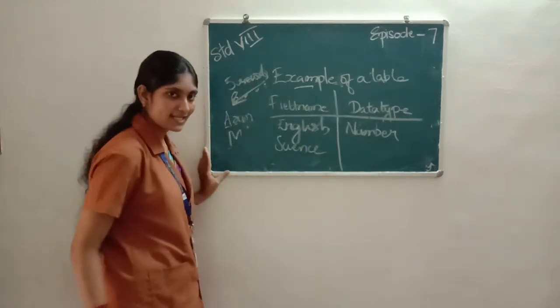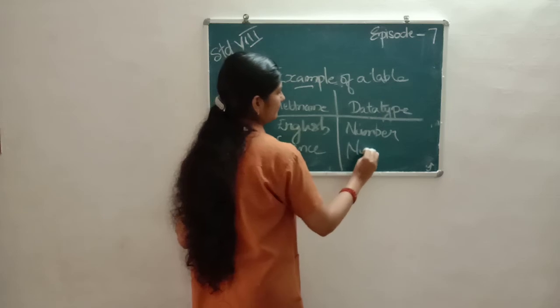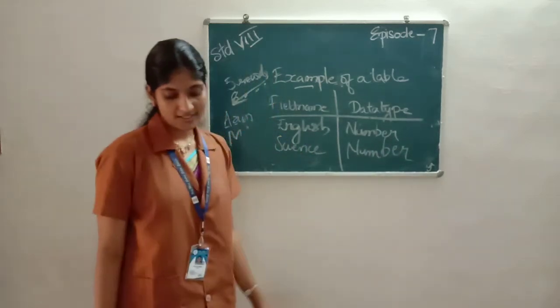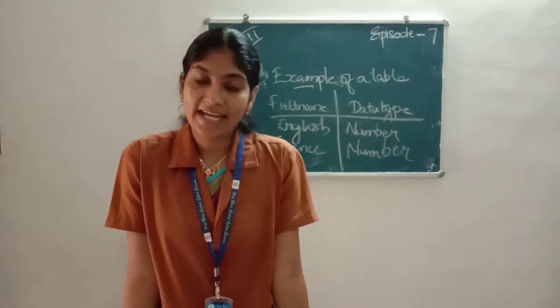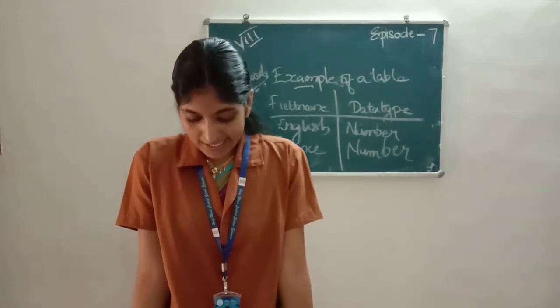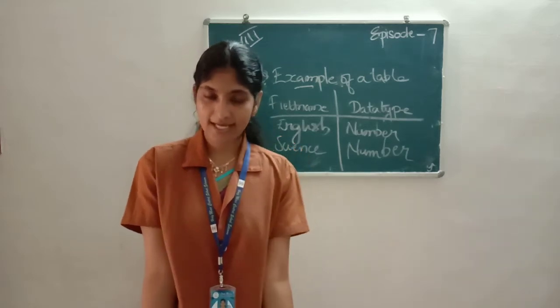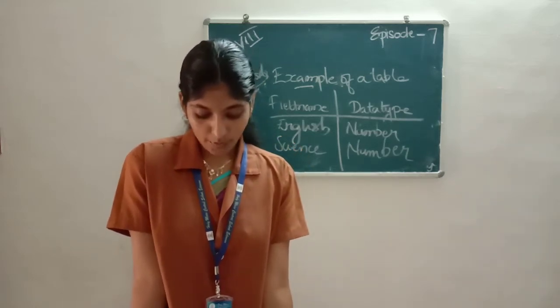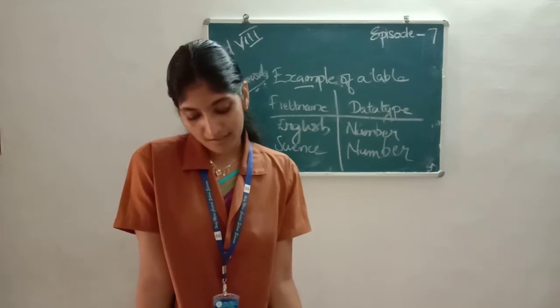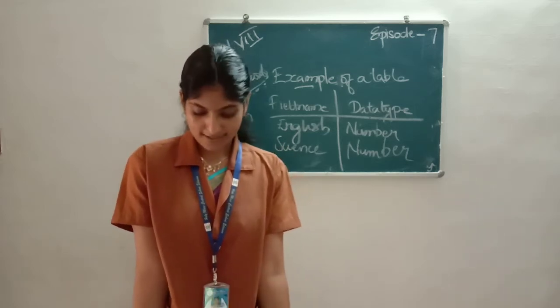So what is this data type? Number. Okay, so these are the examples of a table. A table contains some fields: roll number, student name, English, maths, science. The data type of roll number is auto number, student name is text, English is number, maths is number, science is number, etc.